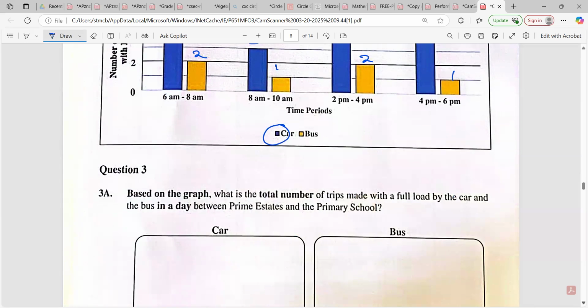Based on the graph, what is the total number of full-load trips made by the car and the bus? The car would have been 6, not 6. The car is the first one. So the bus is actually 6. And the next one, 20.